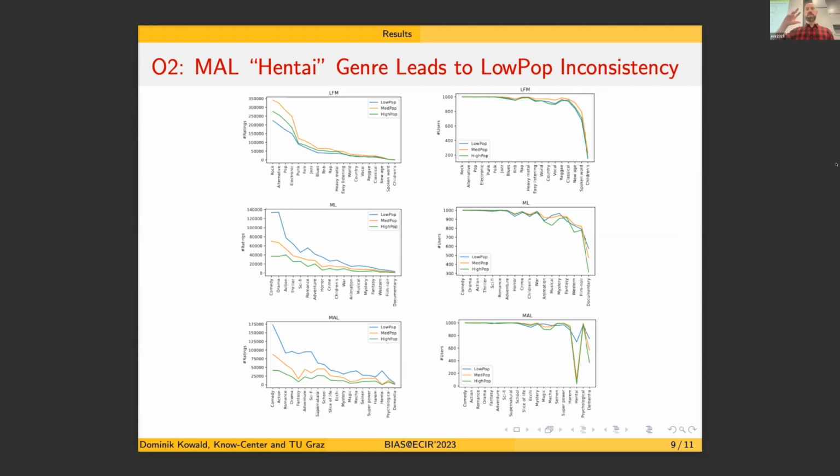So this means that this hentai genre is only interesting for these low popularity groups. And because of this, it's also hard for this mostly collaborative filtering-based algorithm to exactly calibrate for this genre, for these users, and to provide meaningful recommendations in this case.